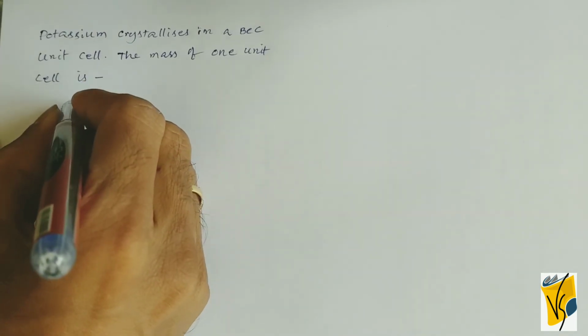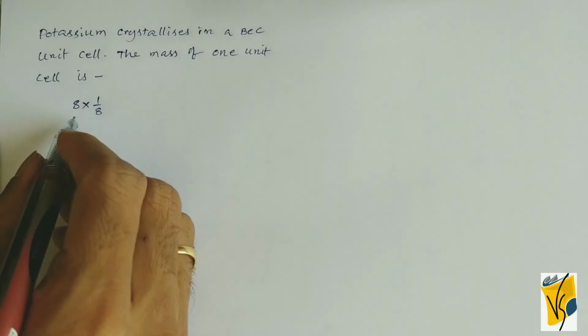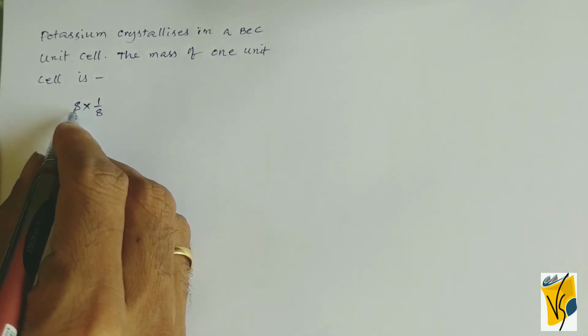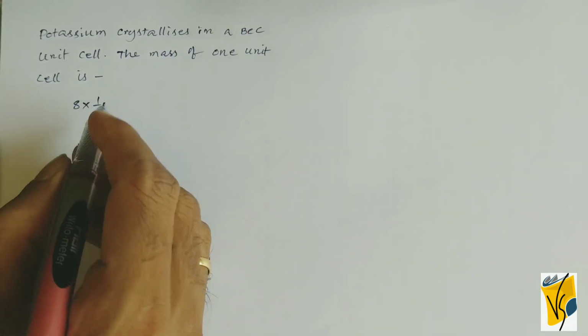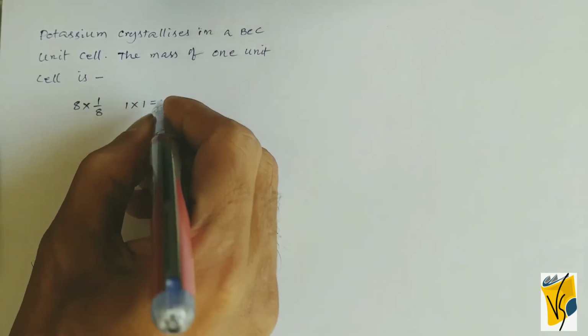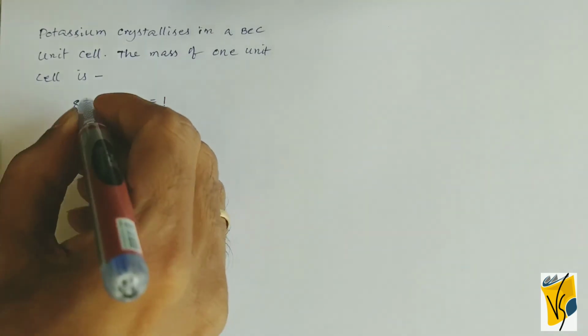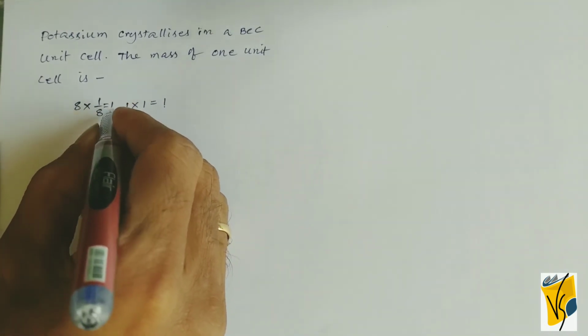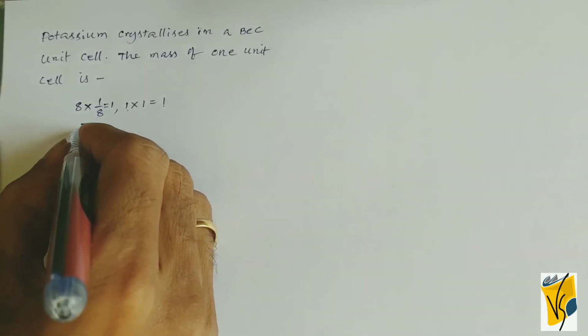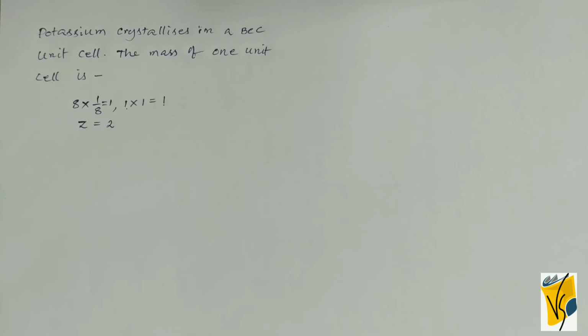If you calculate the effective number of atoms, it comes out to be 2. 8 at the corners with a contribution of 1 by 8, and 1 at the body-centered position, so the contribution will be equal to 1. 1 into 1 is equal to 1 and here it is equal to 1. So the effective number of atoms is equal to 2.